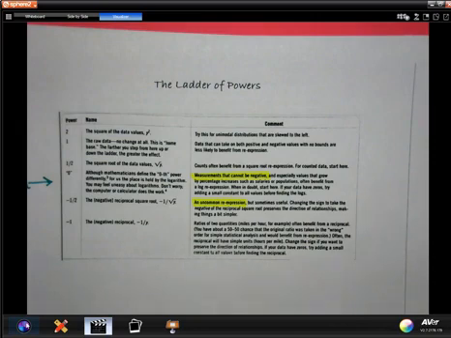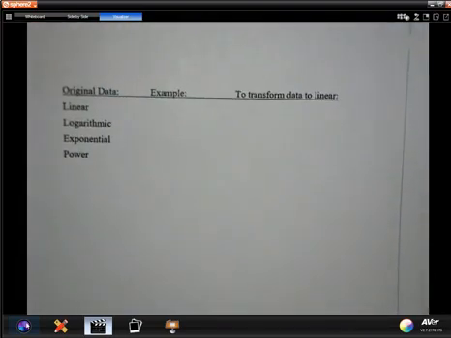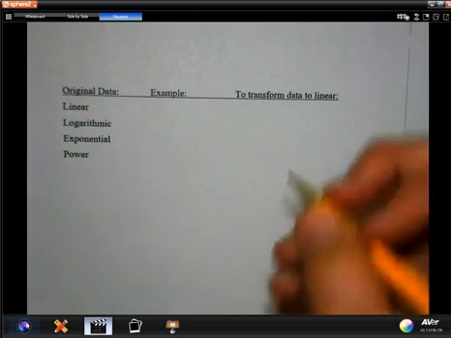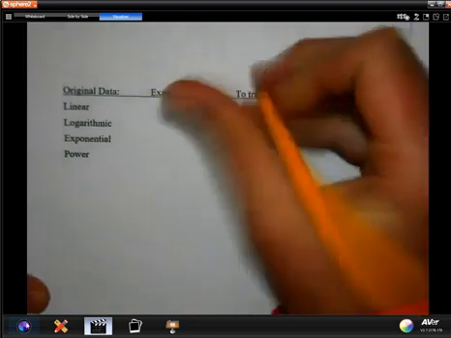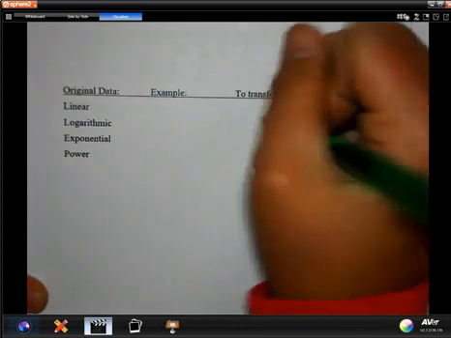So the next thing that I want to talk about before we get into an actual set of data. If the original data is linear, then you don't need to do anything to transform. I don't know why I have a pencil, excuse me.